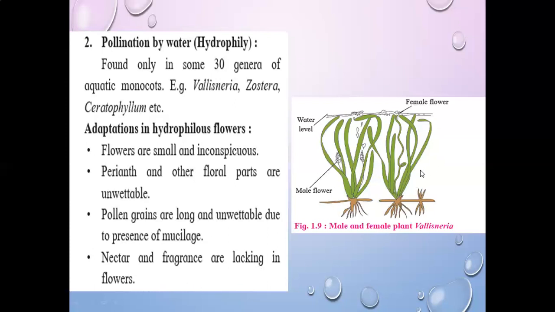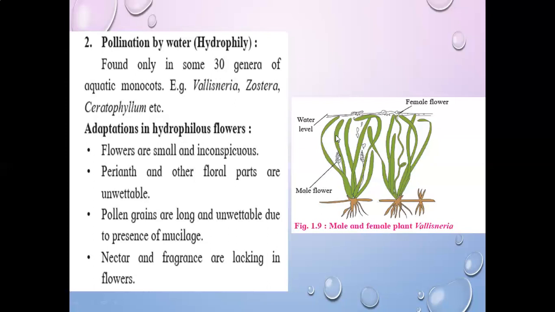What is shown over here is the male and female plant of Vallisneria. In this plant male flowers are produced, and it is at the water level, means this plant is produced below the surface of water, while in this plant female flowers are produced. It is the male plant and it is the female plant.